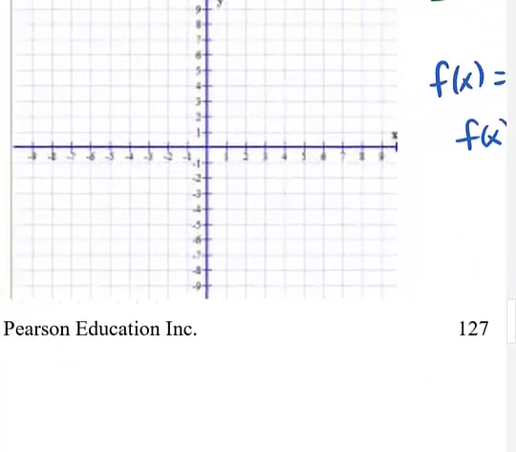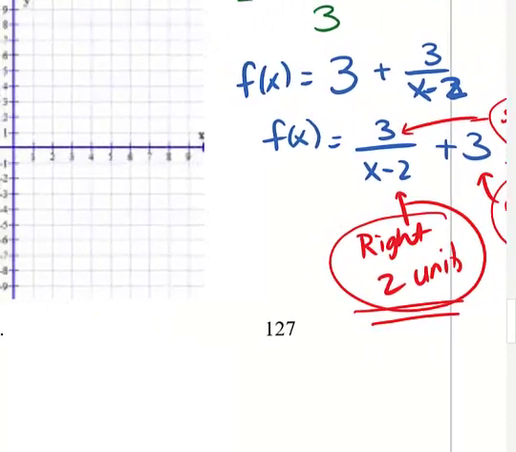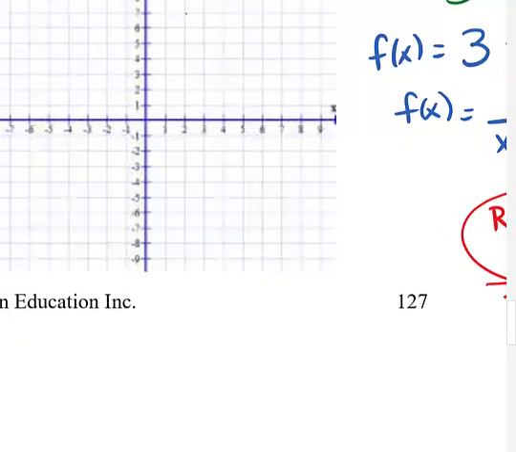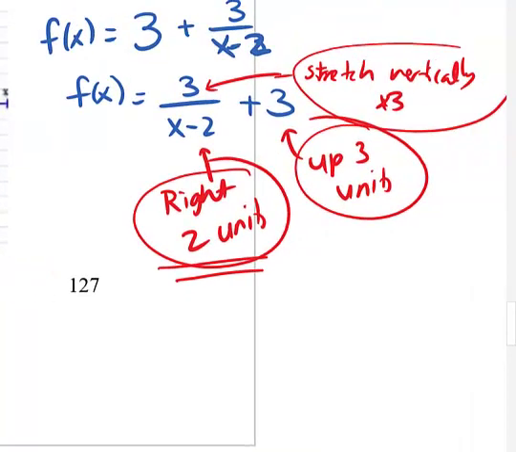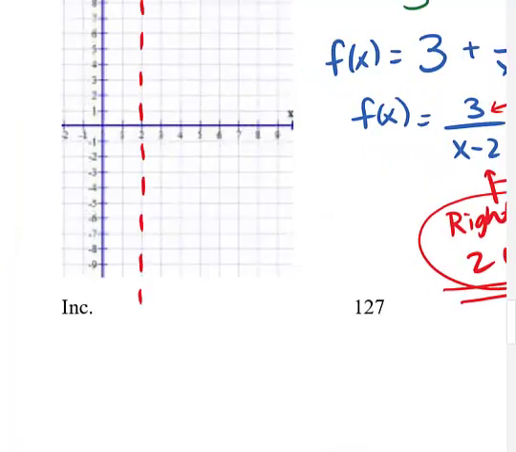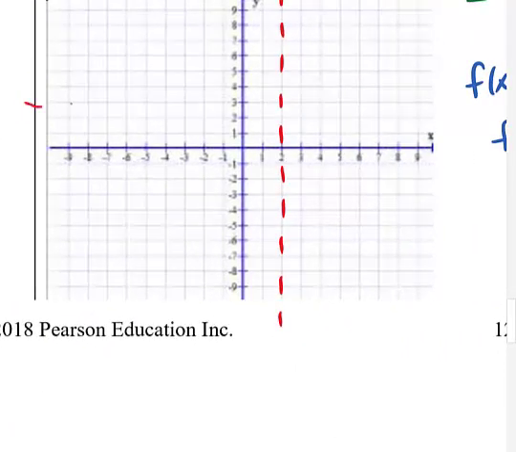If I move this to the right 2 units, that's not going to affect the horizontal asymptote, because if you take a horizontal line and move it to the right, nothing happens. But the vertical asymptote that was on the y-axis, if I move it to the right 2 units, is now at x equals 2. And the horizontal asymptote, which was on the x-axis, if I move it up 3 units, is now at y equals 3, like that.